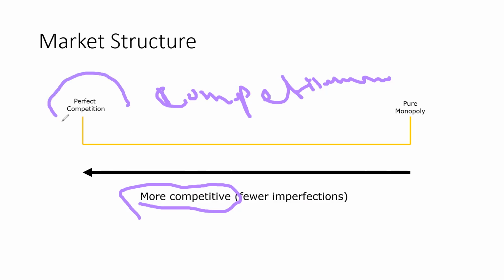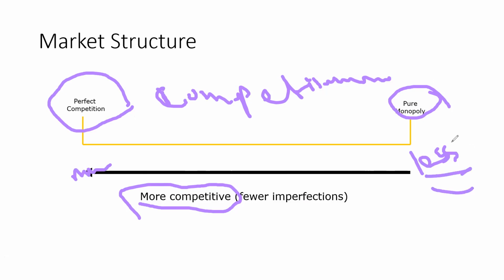That market we identify as perfect competition. On the other extreme, in contrast, is the less competition. Here the more competition, here the less competition.